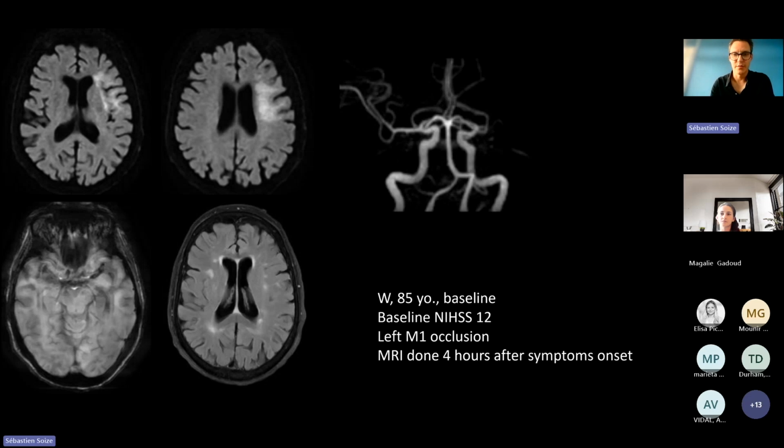You've got a very old patient, 85 years old, with baseline NIH 12, left M1 occlusion. And here you got the MRI at presentation, 4 hours after stroke onset, with M1 occlusion, a big thrombus that is seen on the susceptibility images. Here is roughly your core, in fact, the occlusion.